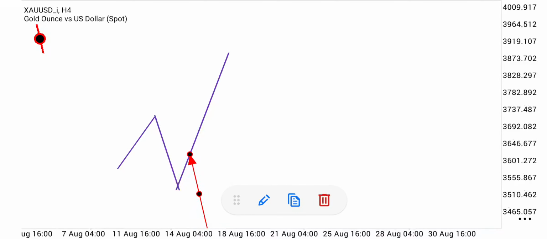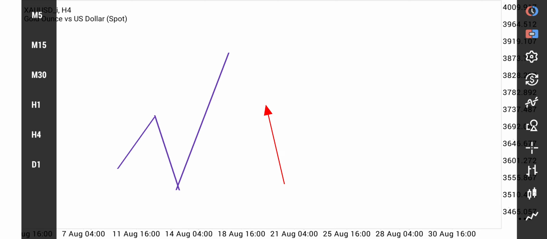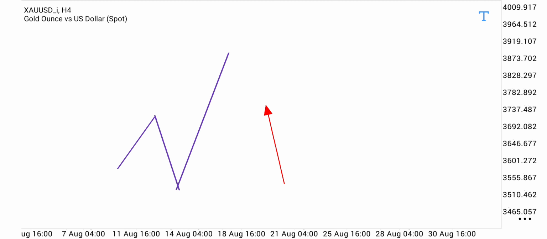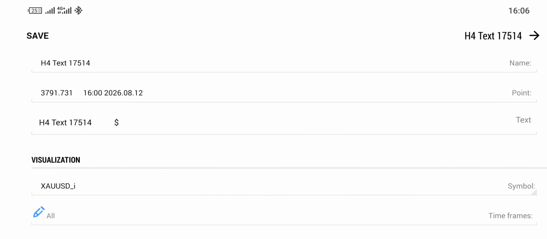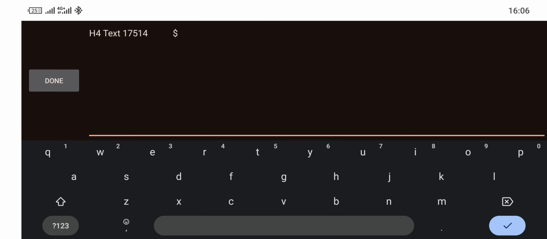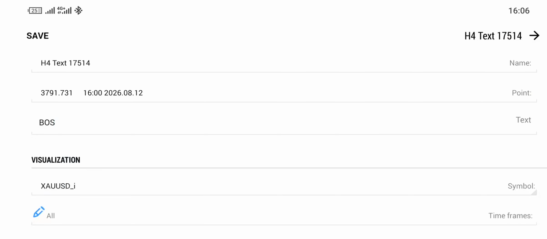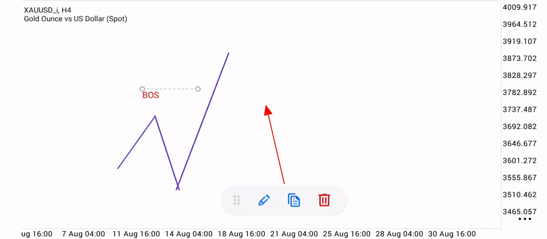Then the candles will start to go up, then break this level, then break this level. Let me just write it. This area might be called BOS.